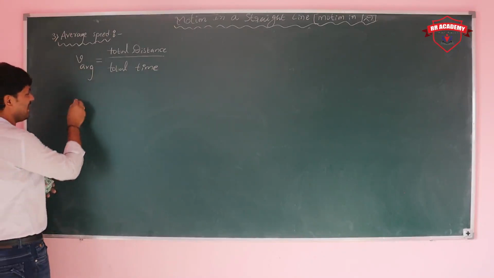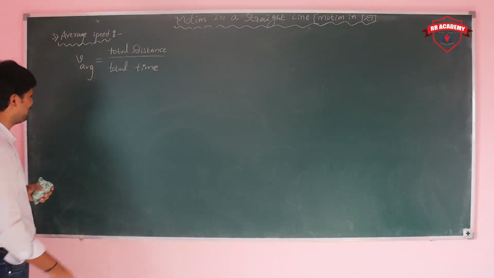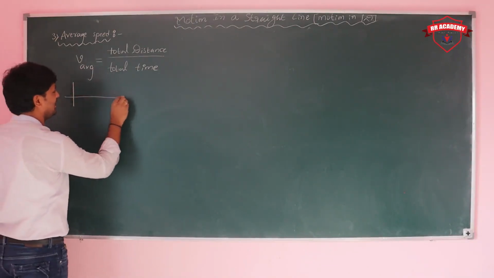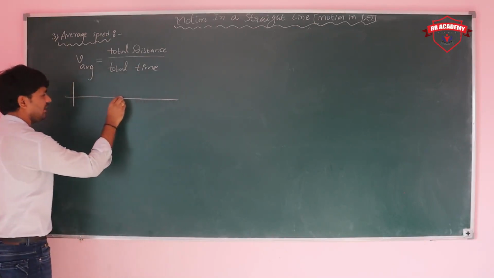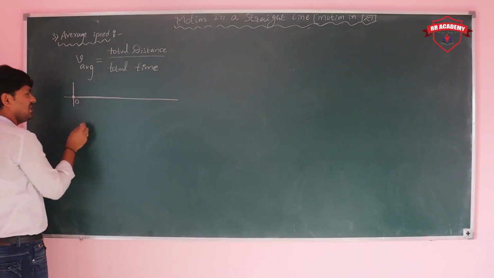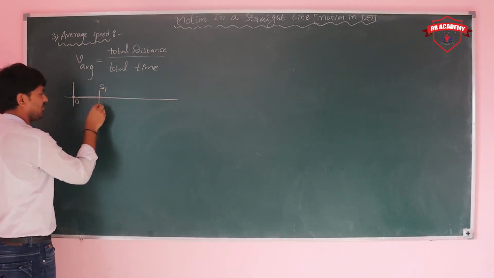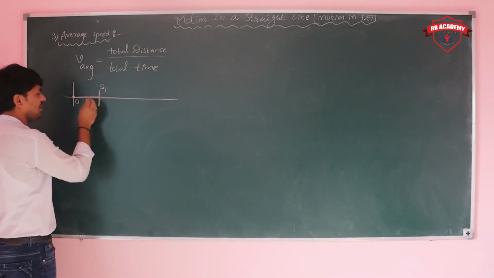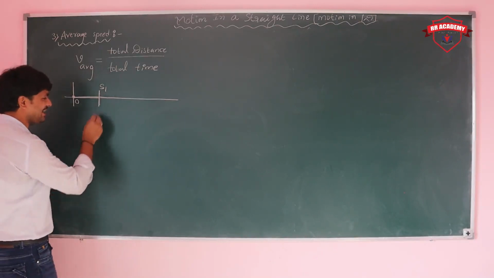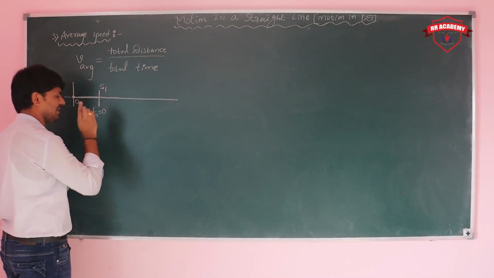So that means V average is equal to... Before that, what is the total distance? For example, this is the origin, the reference point for whatever we are calculating. A particle starts at a distance S1 from the point O, the origin, at a time t1 equal to 0 seconds.